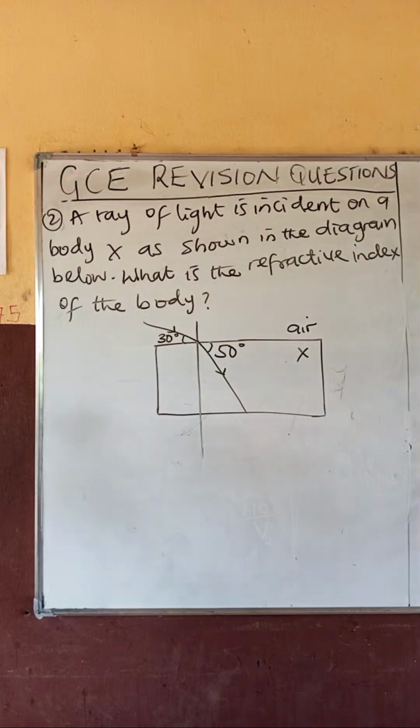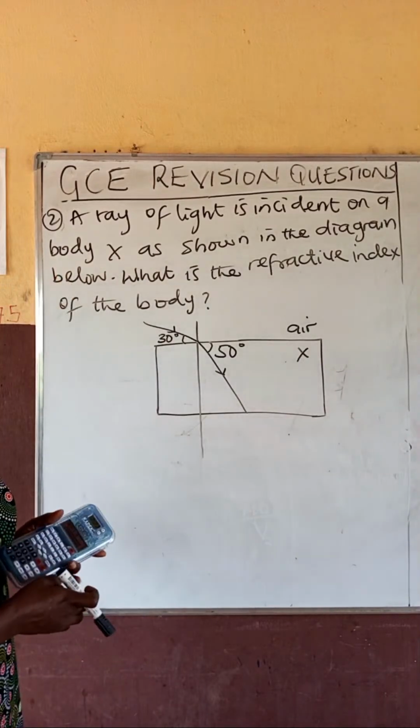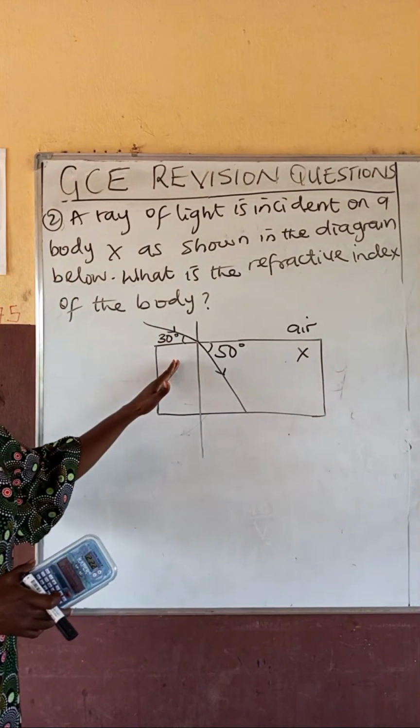Looking at this question, a ray of light is incident on a body X, as shown in the diagram below. What is the refractive index of the body?